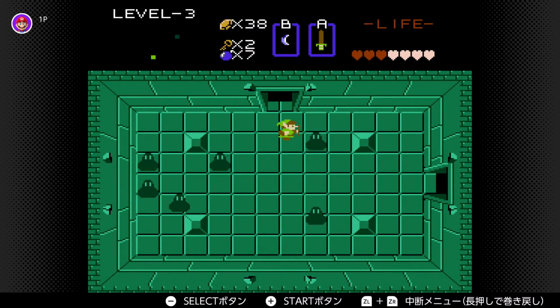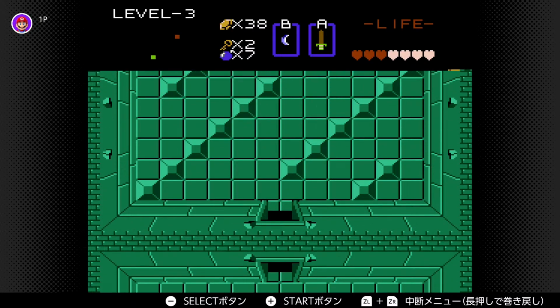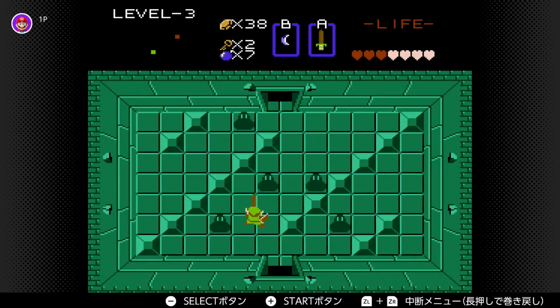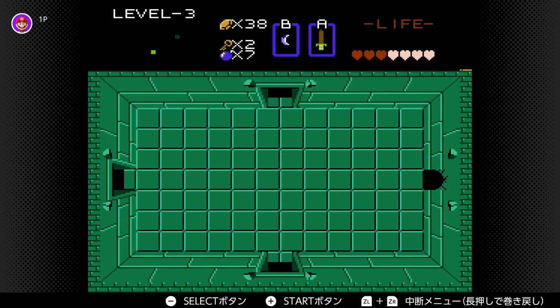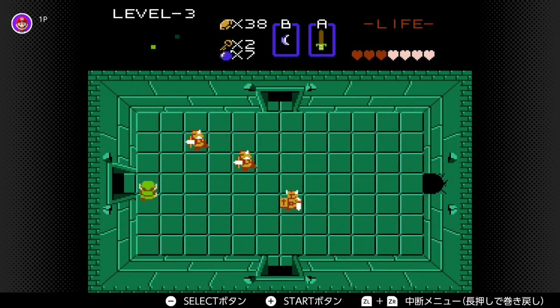Unless some enemies actually drop something this time, but again I doubt it. Nope. You can see now why. Yeah, no. I'm using my medicine, I think.